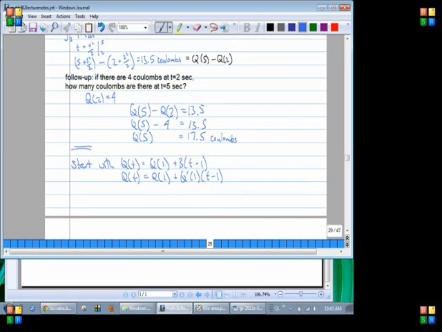How do we make a better approximation? We add in more of these q prime terms. So we could say this is really q of 1 plus, let's say, q prime of 1 times 1.5 minus 1 plus q prime of 1.5 times 2 minus 1.5 plus blah, blah, blah.